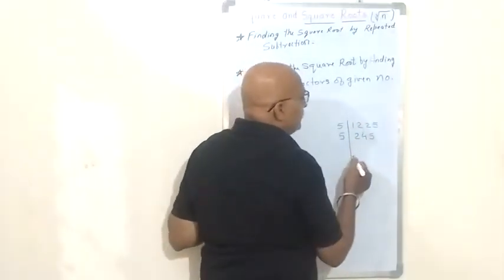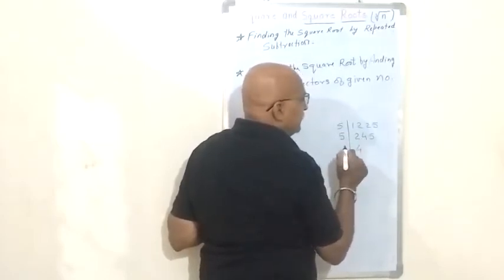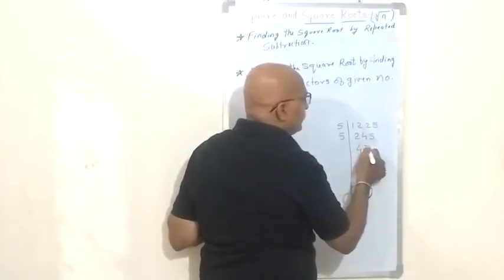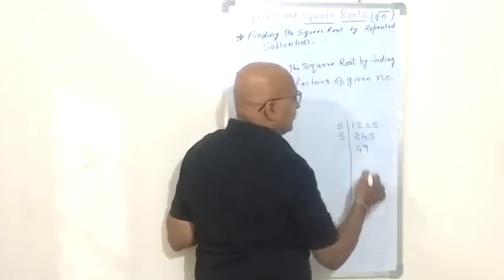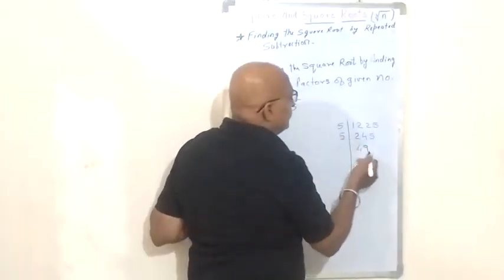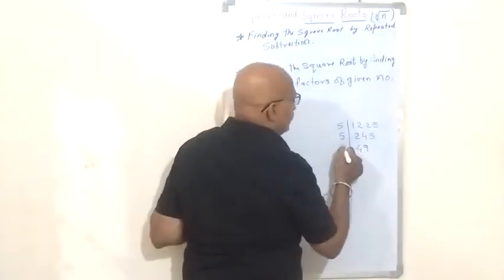So what we get here? 5 4s are 20, and then 45, means 5 9s are 45. Now 5 is not a factor of 49, so obviously 7 is there.